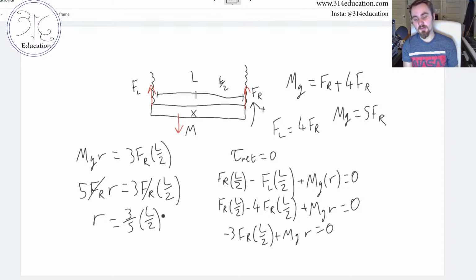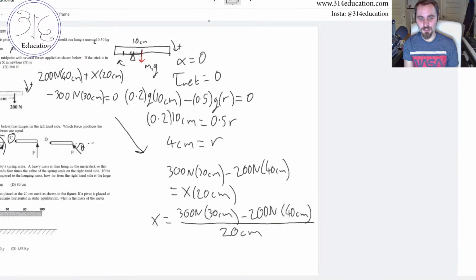So half of our length, this was a meter stick, so this is 50 centimeters, and 3/5 of 50 centimeters is 30 centimeters. So we hang this mass 30 centimeters away from the fulcrum, away from the center, or 20 centimeters, this is really not to scale now that I look at it, 20 centimeters away from the left edge.